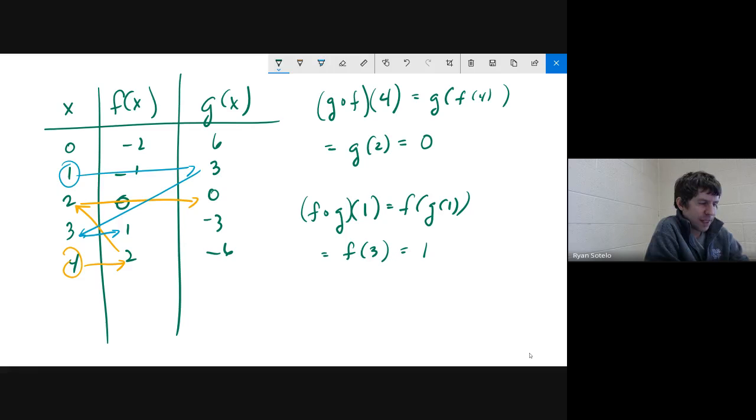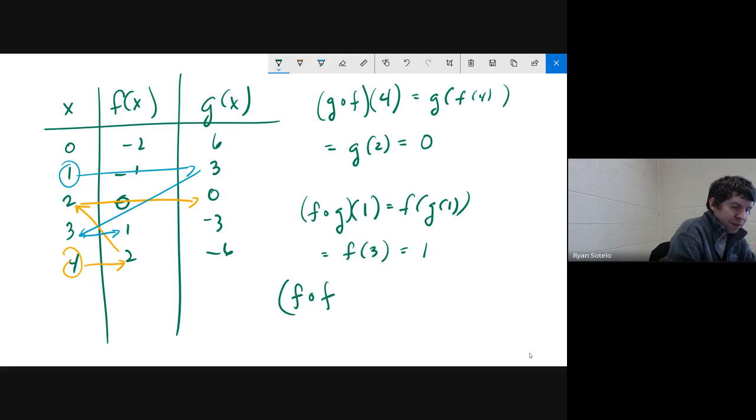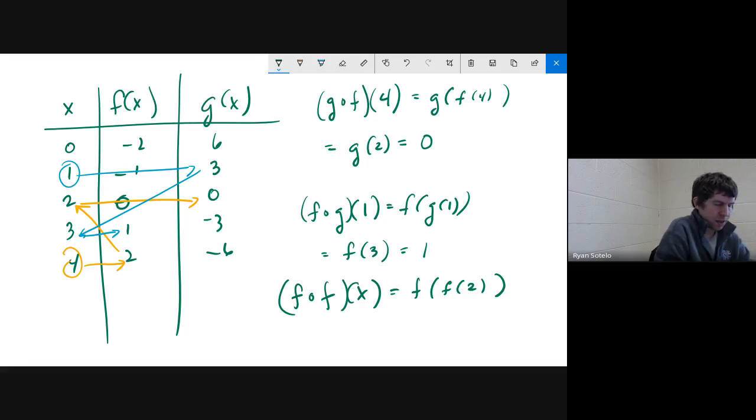Now you could do something kind of funky, which is like, what is f of f of x, where you feed the function back in on itself repeatedly. So f of, let's say, 2. Well, what's f of 2?